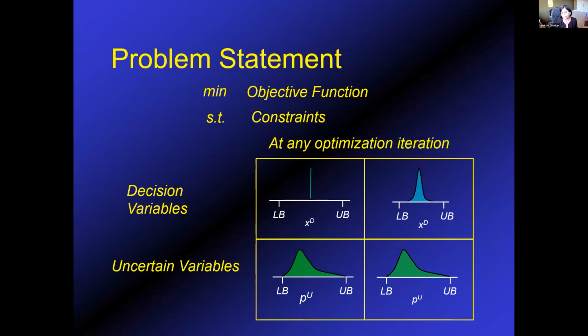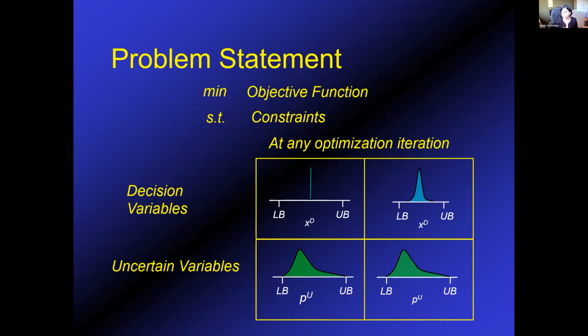How do we do that? In general optimization, the decision variable is a single value between an upper bound and a lower bound, and the uncertain variable has some uncertainty. In our problem, we say that even the single value is a distribution, a very narrow normal distribution around that value. Why do we do it?